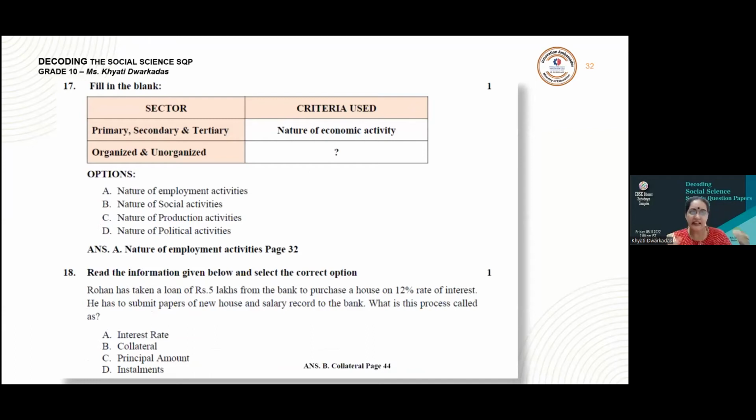Question 17. Look at the sector and the criterion used. Primary, secondary, tertiary is the nature of the economic activity. Organized and unorganized is dash. And they have to choose what makes a criteria for organized and unorganized sector from here.